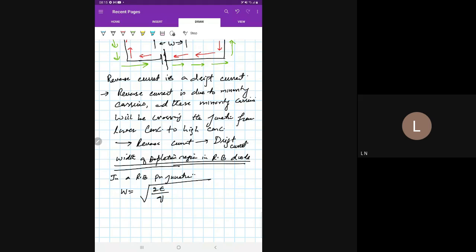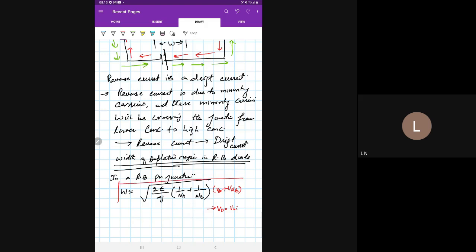I think I have derived it in a previous lecture somewhere. What is the voltage applied during reverse bias? It is V naught or VBI plus VRB, or I can say VBI is VD, assuming that VD is equal to VBI.